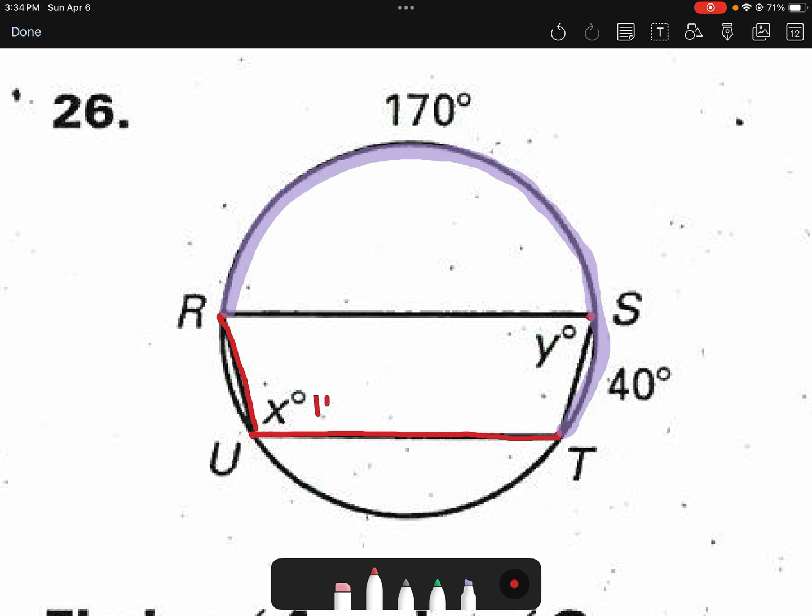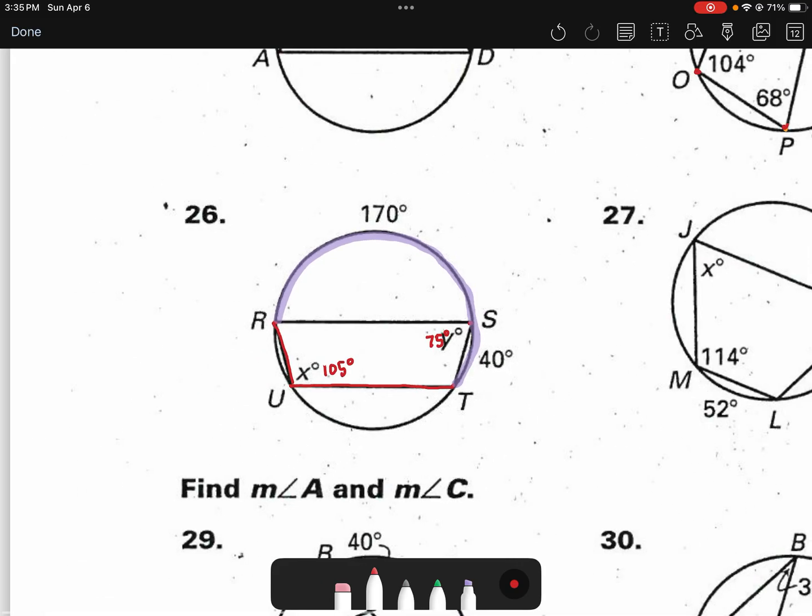Half of that is 105, so that's the measure of x, which means you automatically know that y is 75. Now, you want to do the same thing so you can find these other angle measures. Actually, they just ask you to find x and y. I don't know if we want to go any further with that or not. But that's how you would do those.